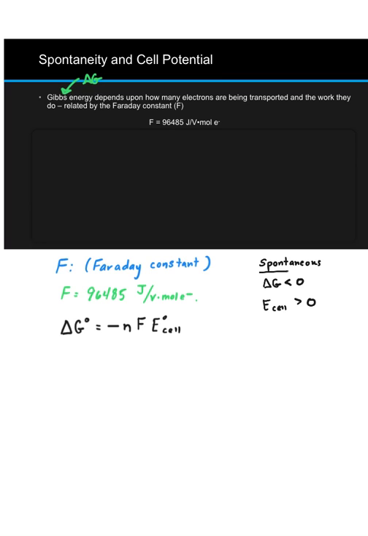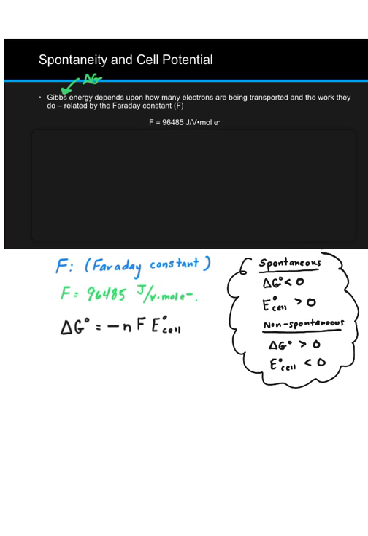So a spontaneous electrochemical reaction could be represented by standard Gibbs energy less than 0, or by standard cell potential greater than 0. Conversely, a non-spontaneous electrochemical reaction has a delta G that's positive, greater than 0, or an E cell that's negative, less than 0. So let's keep that as an aside.